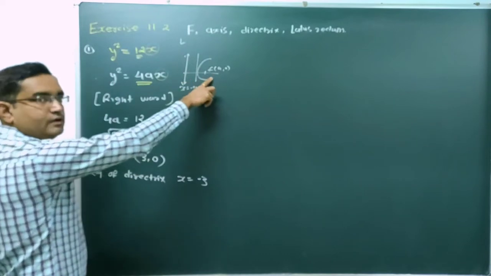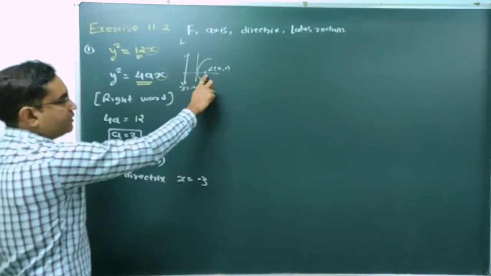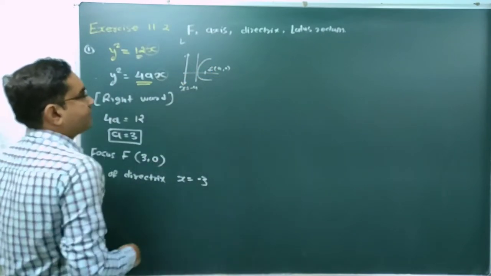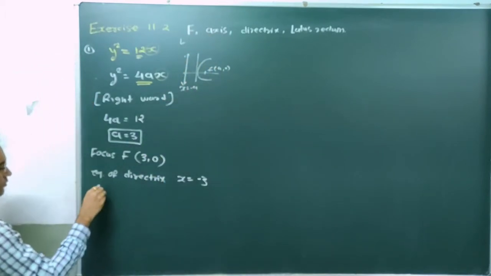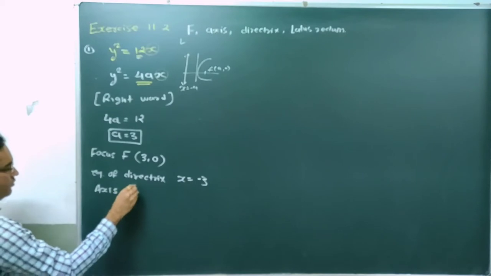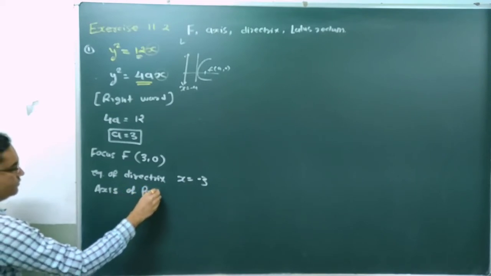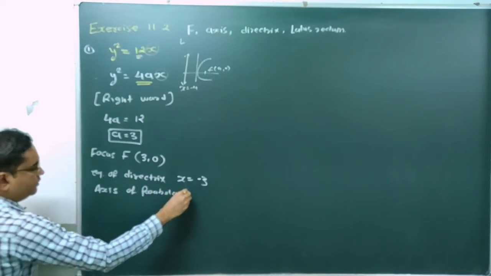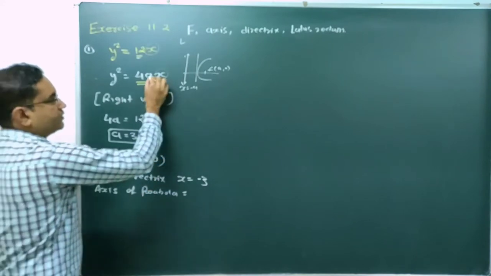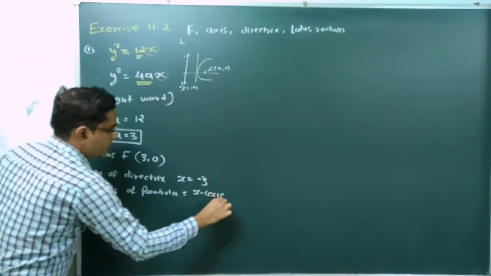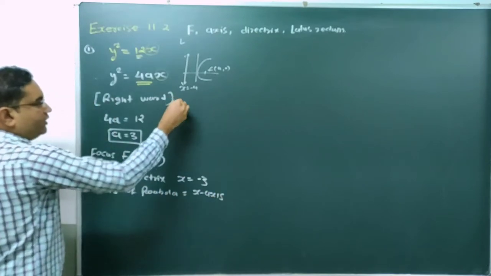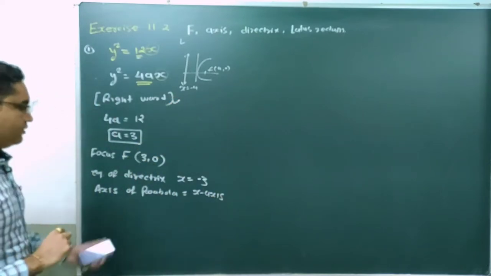Our rightward parabola is symmetrical about the x-axis, and therefore axis of parabola क्या होगी बोलो? Axis of parabola will be the horizontal axis, that is the x-axis. A rightward parabola is always symmetrical about the x-axis.